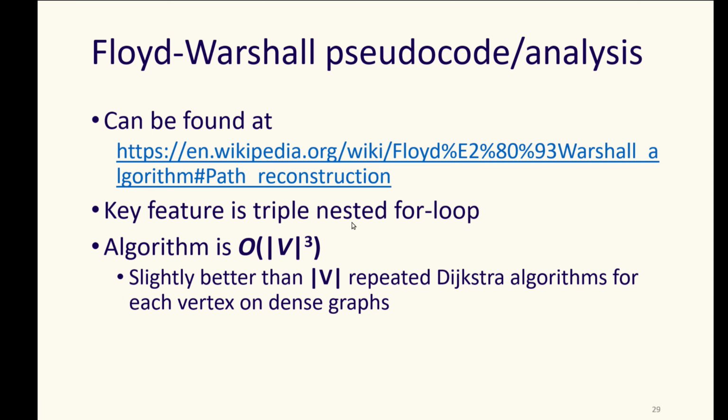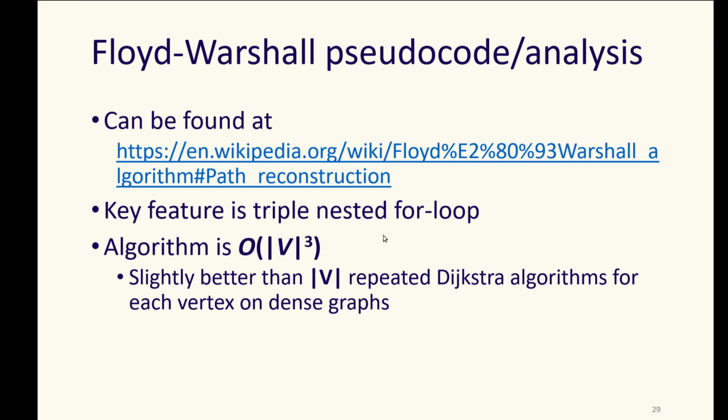So it's better than calling Dijkstra over and over for every vertex to say, give me all the paths from A, now give me all the paths from B, now give me all the paths from C.